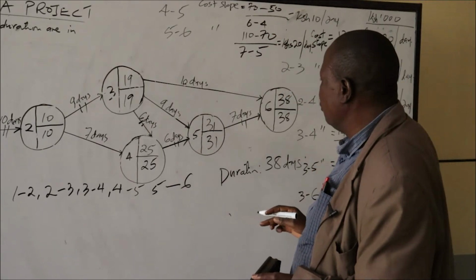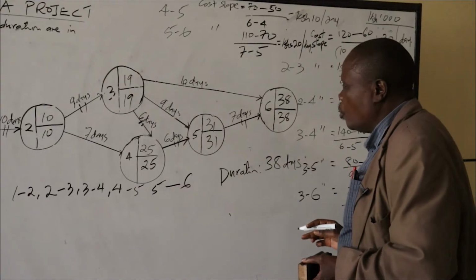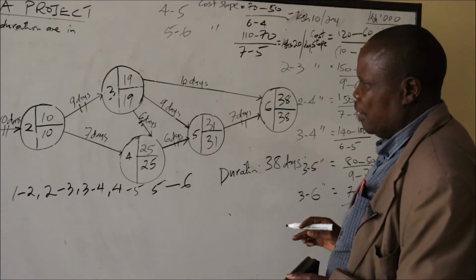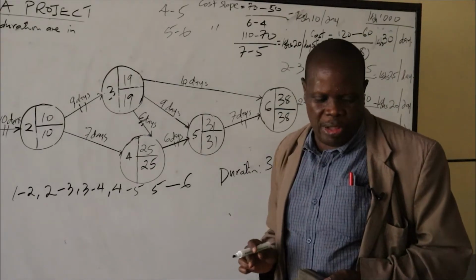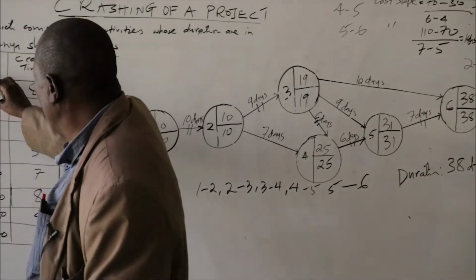So we are going to add that cost slope for the direct cost. The direct cost of the project is the normal cost.